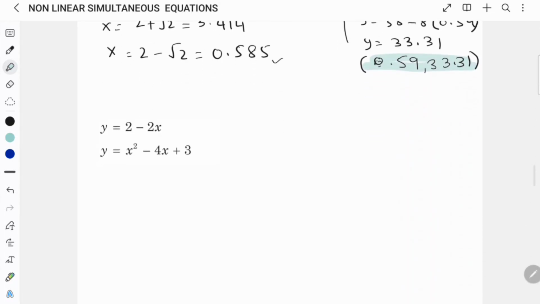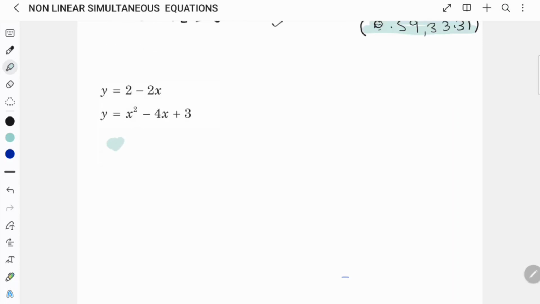One more question, y equals 2 minus 2x, a very easy question, and y equals x square minus 4x plus 3.